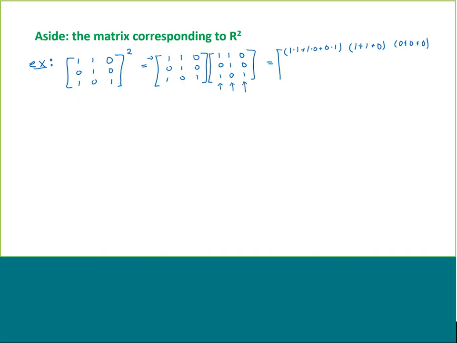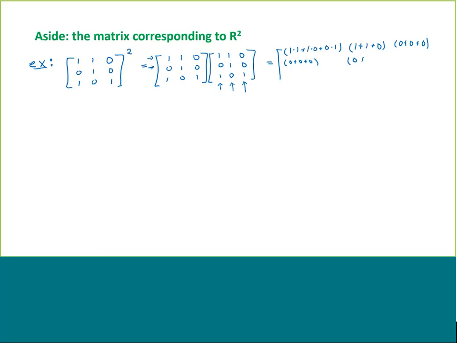Now, second row. If we look at the second row, first column, we'll multiply the second row times the first column. We'll get 0 times 1. We'll get 1 times 0 and 0 times 1. Notice in each of these cases, we've got a 1 and a 0 being multiplied together. So this is the same thing as 0 plus 0 plus 0, or just 0. Now, second row, second column, still the second row, but now in the middle column right here, here we have 0 times 1, so that's 0.